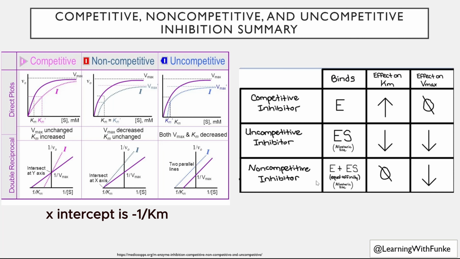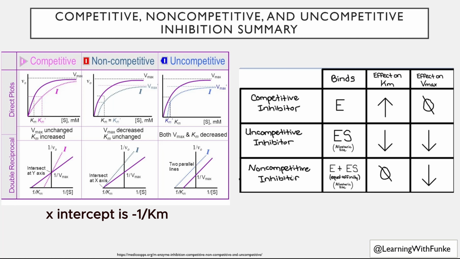So overall, I'm going to wrap it up with this table on the right. For competitive inhibitor, we have an increase in Km, no effect on Vmax. For uncompetitive inhibitor, we have both Km and Vmax reduced.